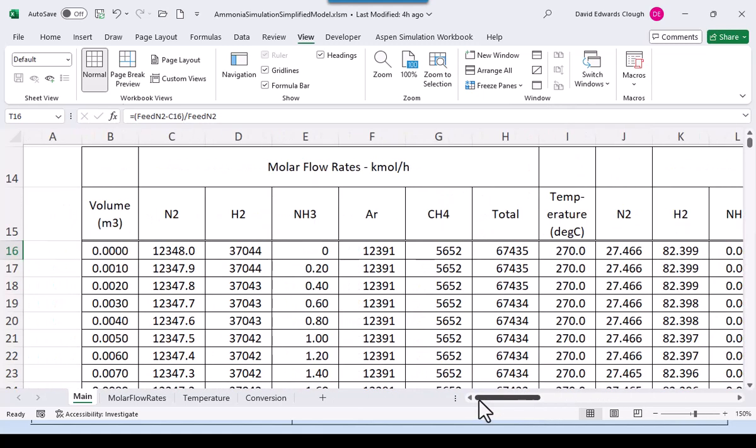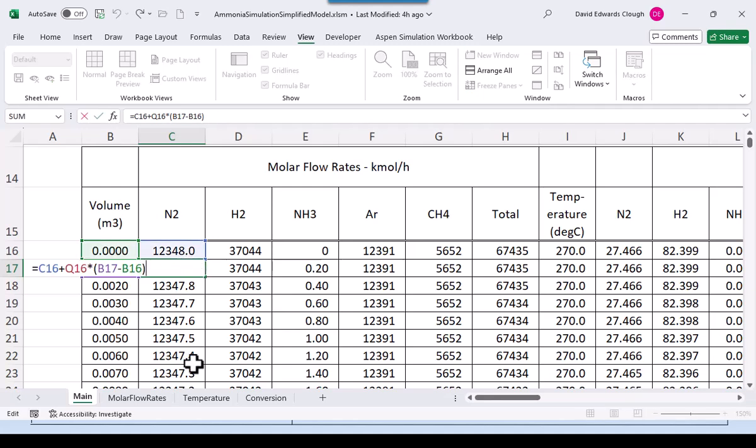Now if I come back across, that is the initialization row. So what do we do in terms of the first operational row for nitrogen? Well, we've seen that before. That is simply the Euler integration formula, where we take the previous value of flow of nitrogen, add the rate of change of nitrogen that we looked at way over to the right in the row above, times our step size, or difference in volume between this location and the one above.